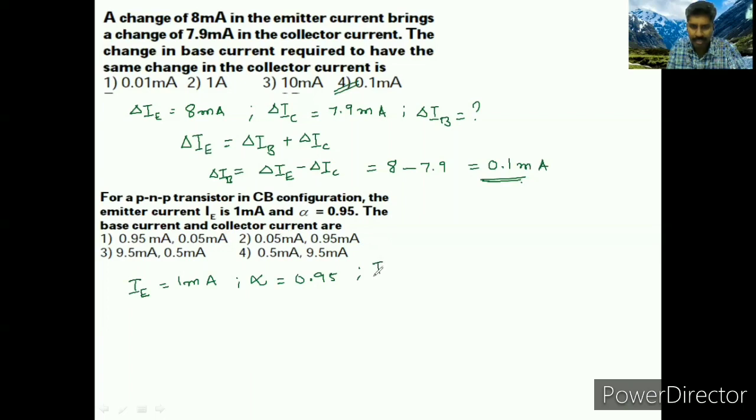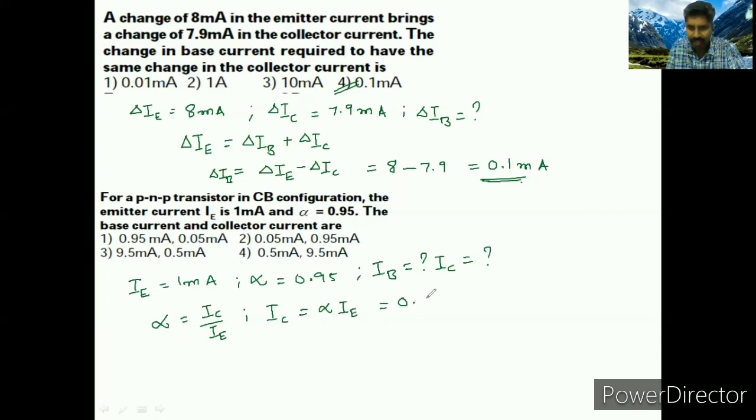To calculate these values, we know alpha is equal to IC by IE, so IC is equal to alpha into IE.